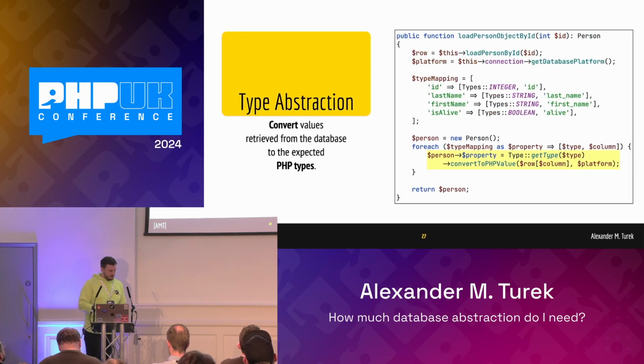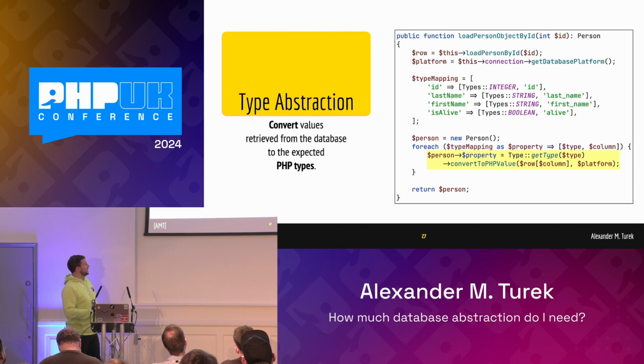What else does it do? It has a type abstraction. Mapping database types to PHP types is obviously a complex task. It's something that the ORM needs, so the DBAL provides it for the ORM, and you can use it yourself as well.